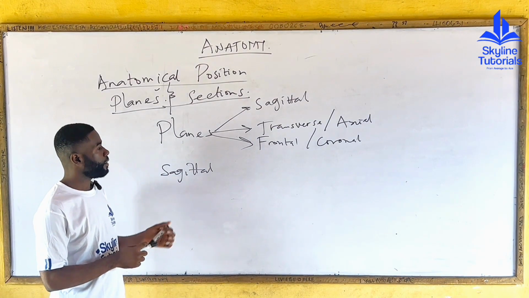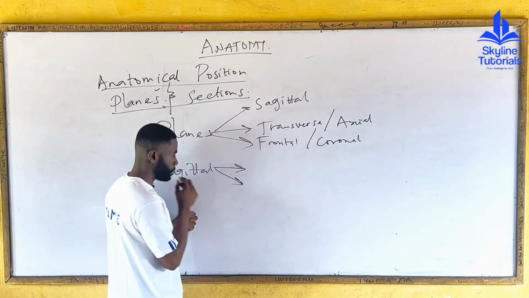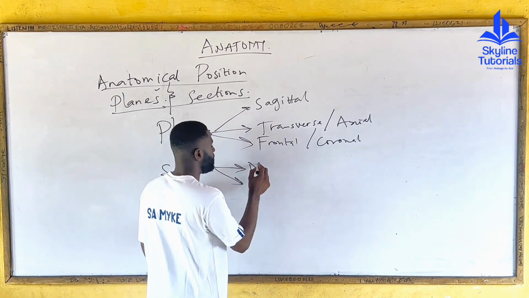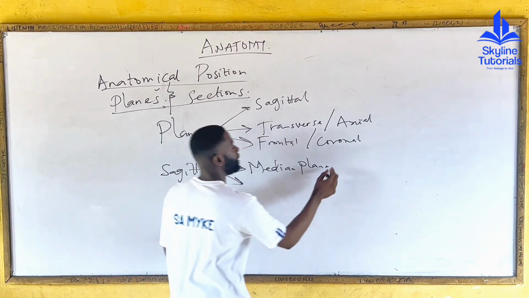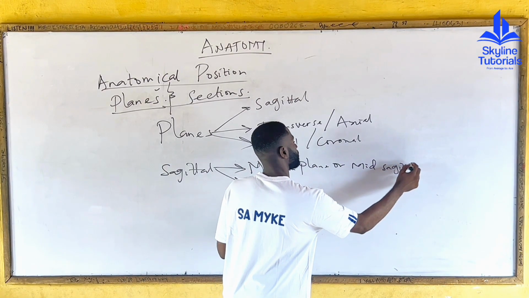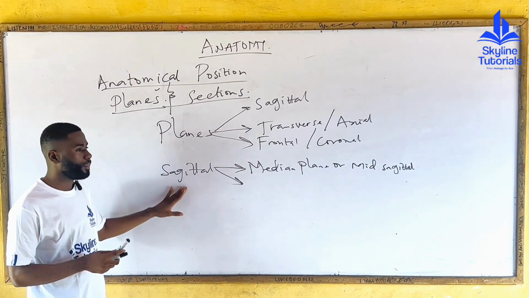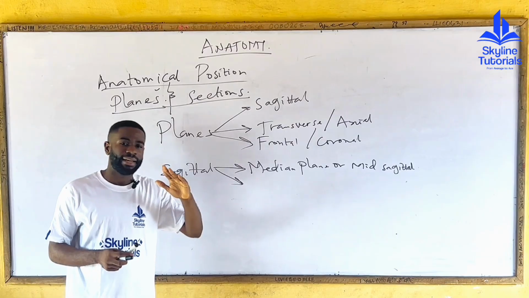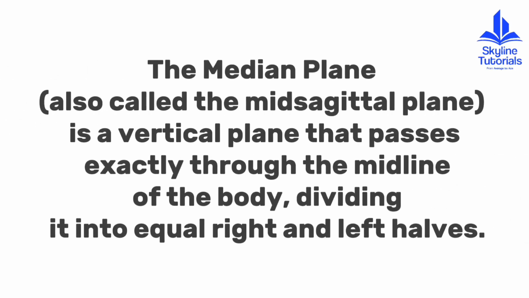Take note, under sagittal planes, there are different planes also. We have what we call the median plane. It can also be called the mid-sagittal. Knowing fully well that a sagittal plane is any plane that divides the body into left and right parts, the median plane is a type of sagittal plane that divides the body into equal left and right parts.